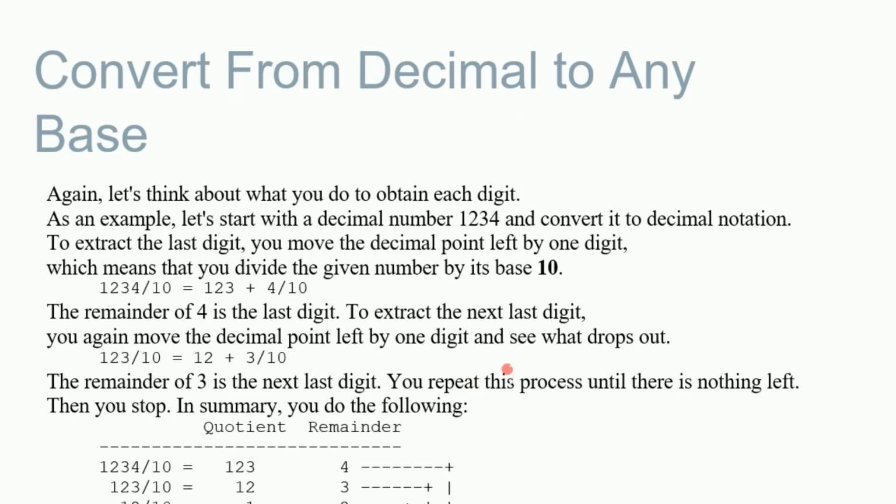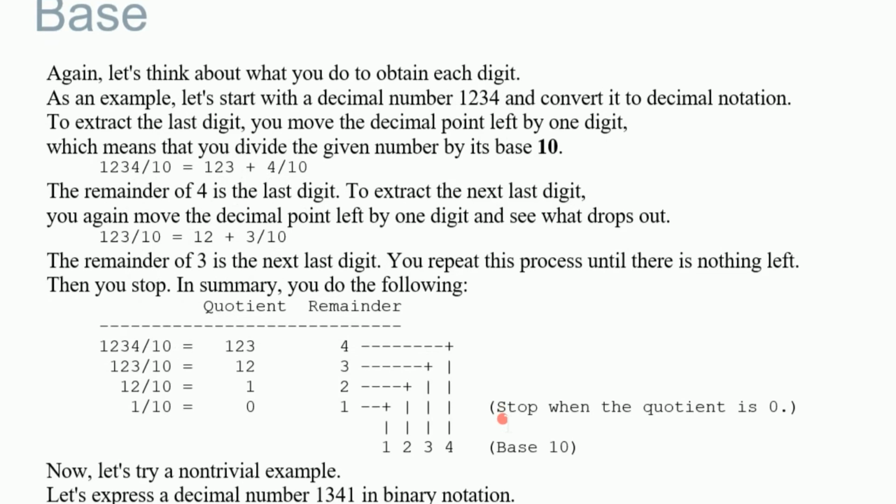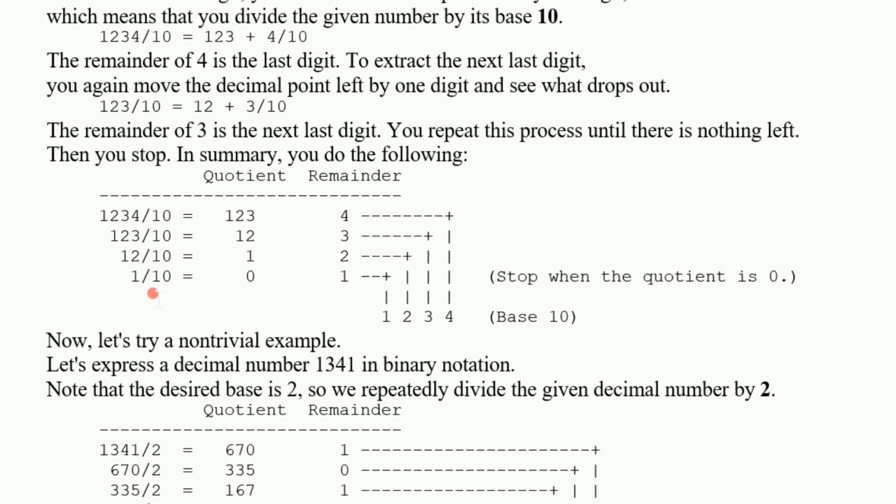The remainder 4 is the last digit. To extract the next last digit, again move the decimal point left by 1 digit and see what drops out. So 1 2 3 by 10 is 1 2 plus 3 by 10. The remainder 3 is the next last digit. We repeat this process until there is nothing left. Then we stop.